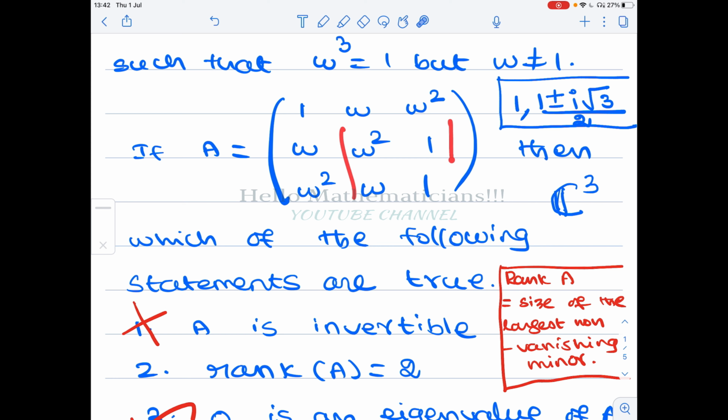What is the determinant of this minor? You will get w square minus w, correct? This into this minus this into this. We will get w square minus w.